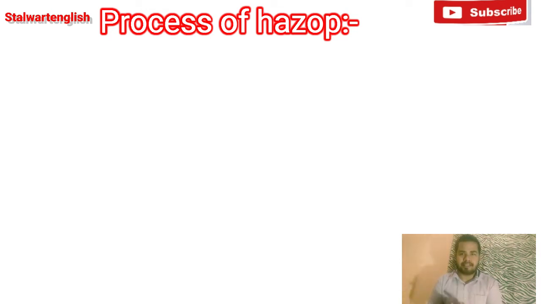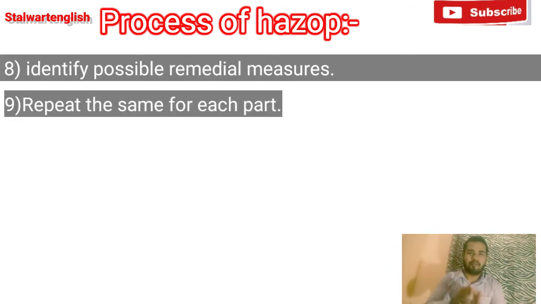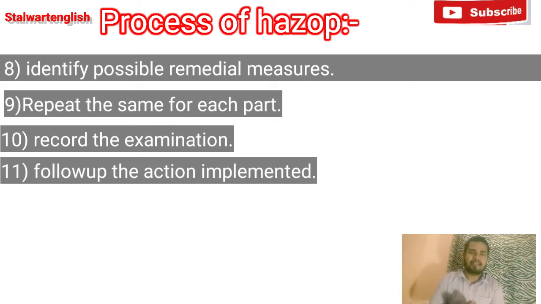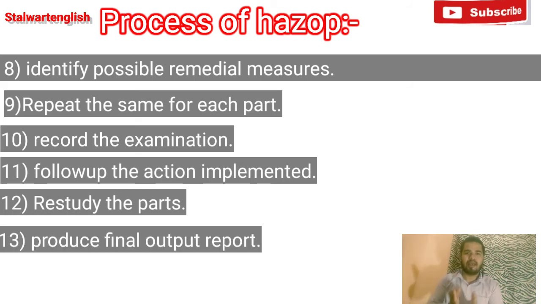Identify the problem or hazard. Then identify possible remedial measures, what can be done if there is any problem. Repeat the same for each part, then the second part. After that, record the examination. Then follow up on the actions implemented, restudy the parts again, and then produce the final output report.